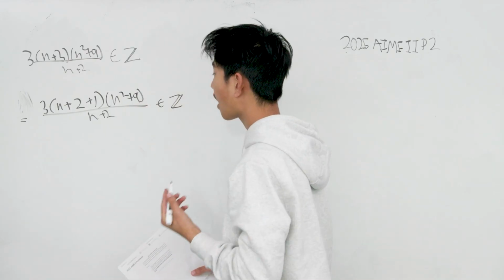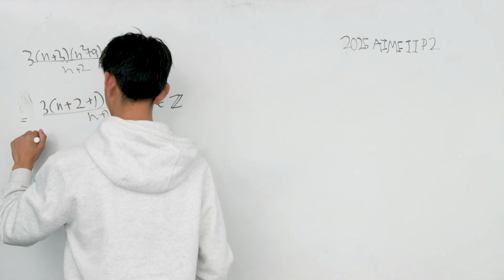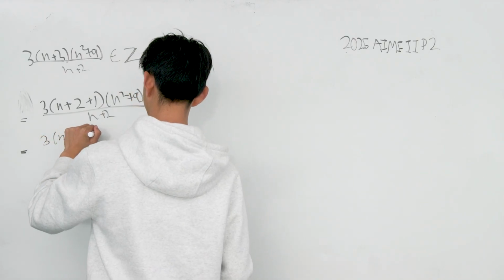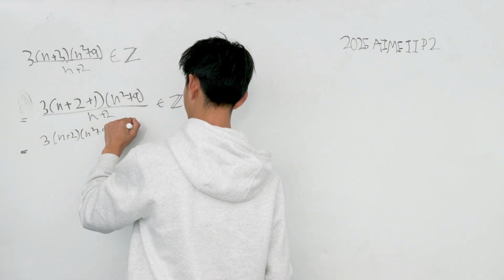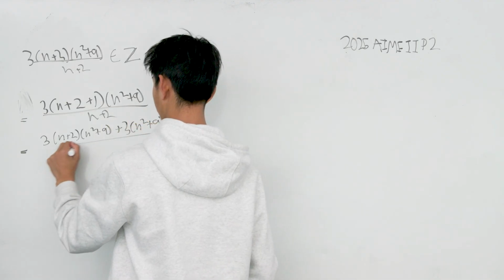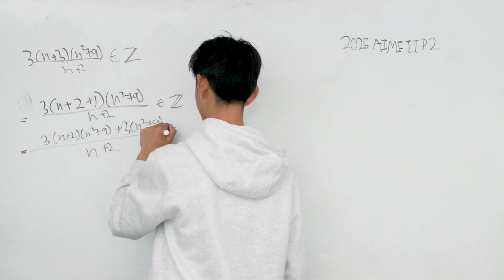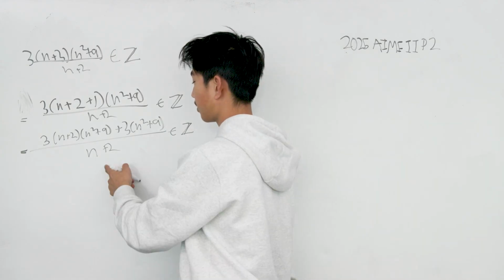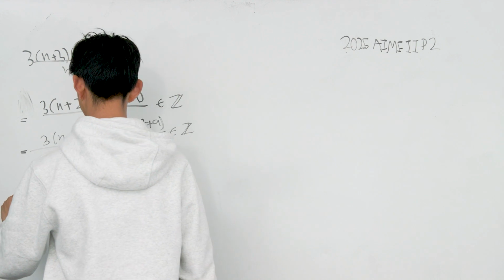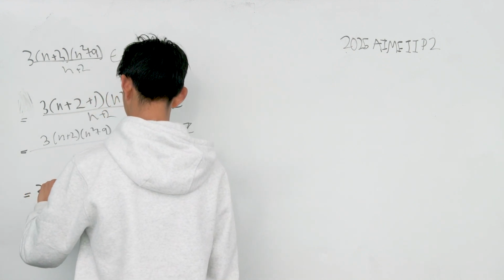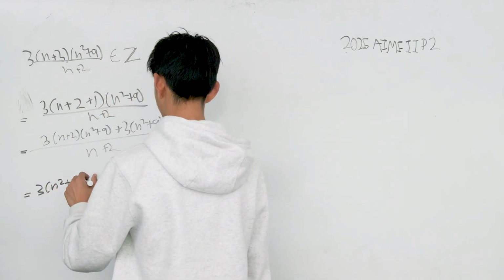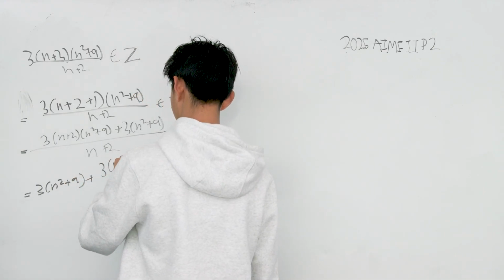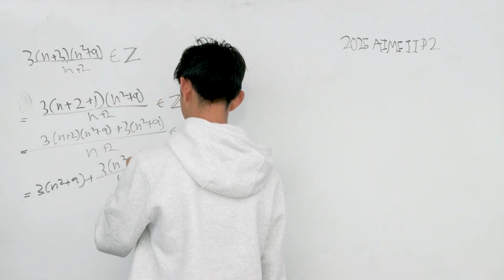Now this becomes 3 times (n+2)(n² + 9) plus 3(n² + 9), over n+2. Now we can just cancel out the n+2 on this side, so we get 3(n² + 9) plus 3(n² + 9) over n+2.